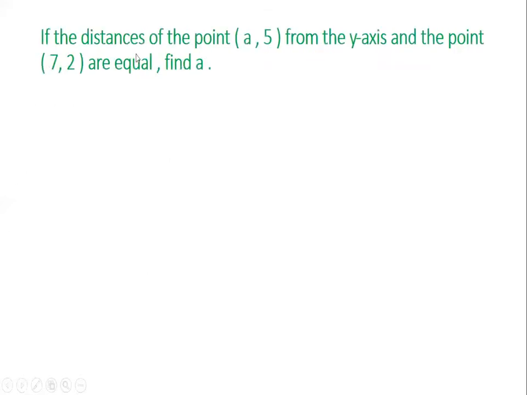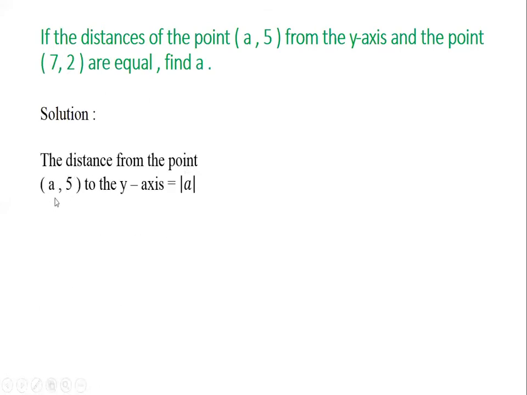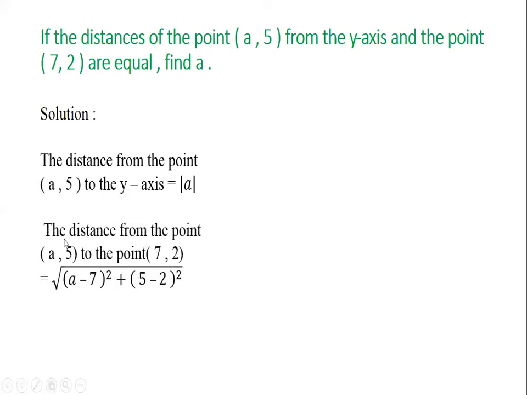If the distances of the point a, 5 from the y-axis and the point 7, 2 are equal, find a. The distance from the point a, 5 to the y-axis equal to absolute value a. The distance from the point a, 5 to the point 7, 2 equal to root over (a minus 7) whole square plus (5 minus 2) whole square. Here I use distance formula.